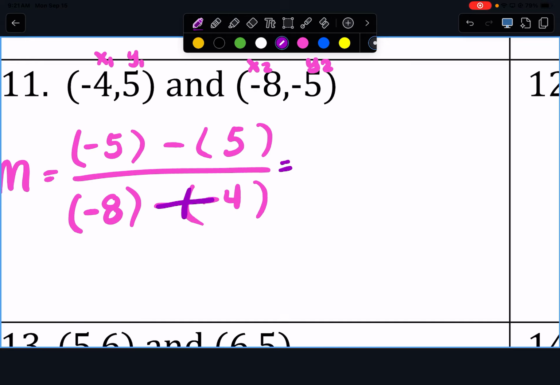So what is -5 minus 5? So we have -5 and we go for 5 more. -10. Okay, then we have -8 plus 4, which is -4. Okay, now a negative and a negative make a positive. And then can I simplify 10 over 4? To what? 5 over 2.